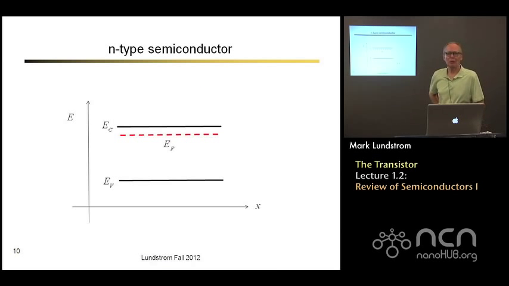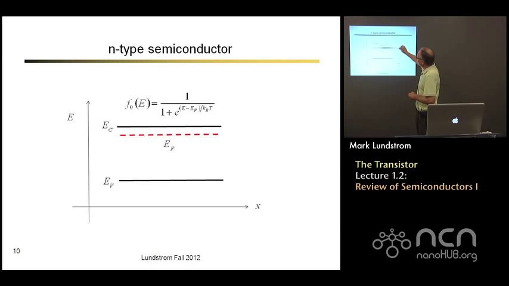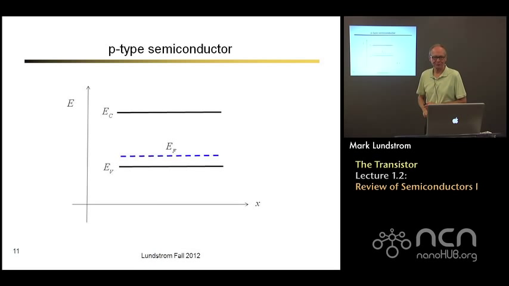Okay, so now we can sketch what we would call an N-type semiconductor. In an N-type semiconductor, there are a few electrons in the conduction band that are free to move. And in an N-type semiconductor, that means that the Fermi level would be up closer to the conduction band, such that there's some small probability that those states near the edge of the conduction band will be occupied. We could sketch a P-type semiconductor.